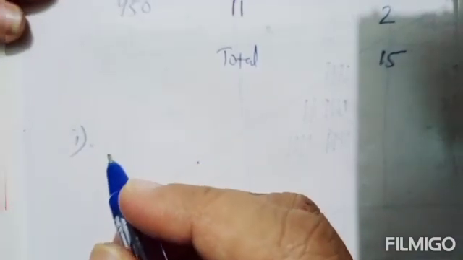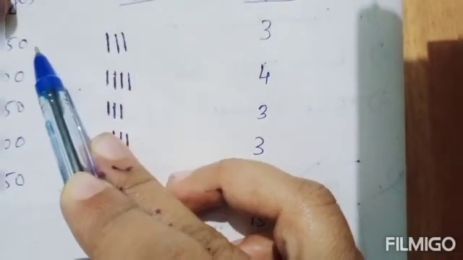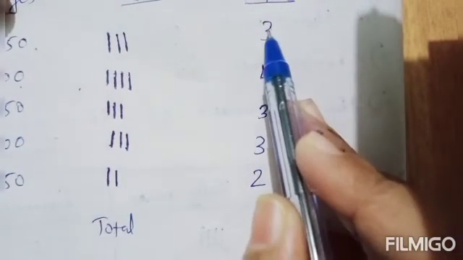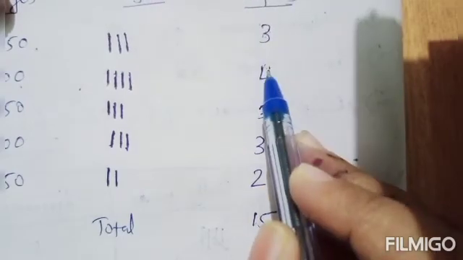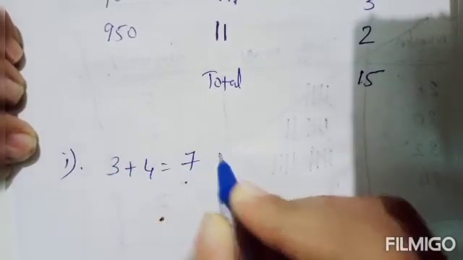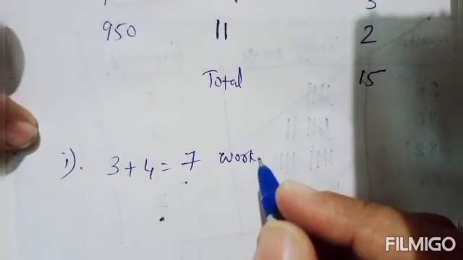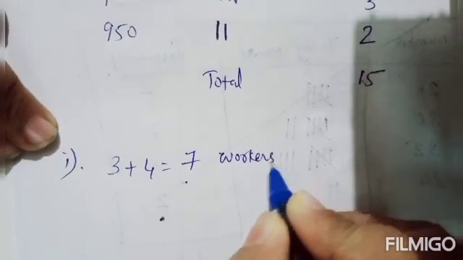Now the first question: how many workers are getting less than 850 per week? Less than 850 means 750 and 800, so add these frequencies, 3 plus 4 is 7. So 7 workers are getting less than rupees 850 per week.